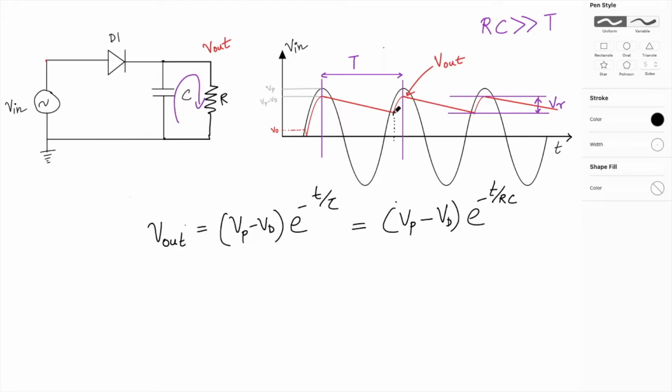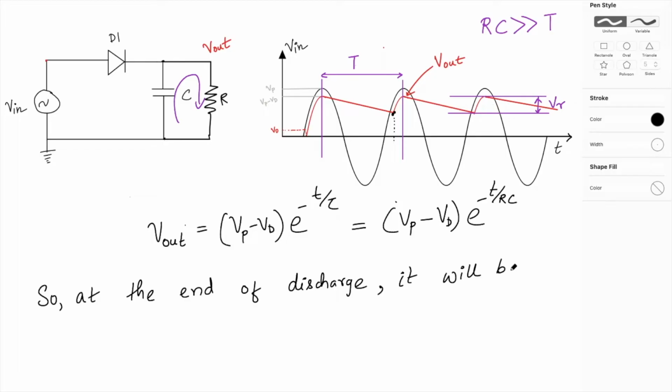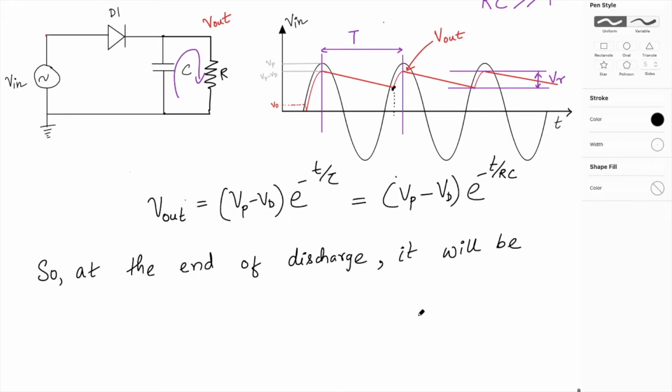So at the end of this discharge cycle it's going to become Vp minus Vd minus VR, and that is equal to Vp minus Vd times e to the power of minus delta T by tau. Of course, from this point to this point, let's call it delta T.